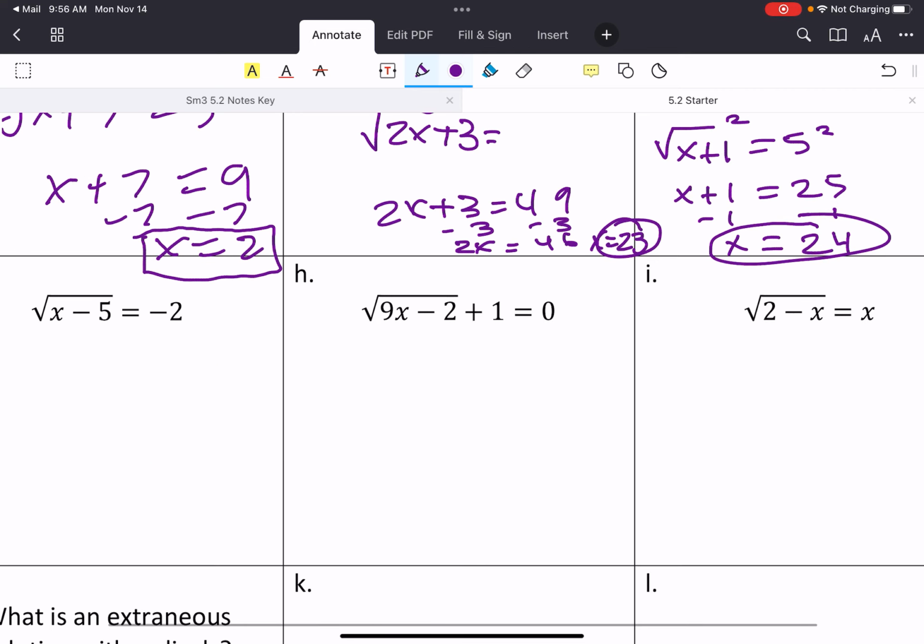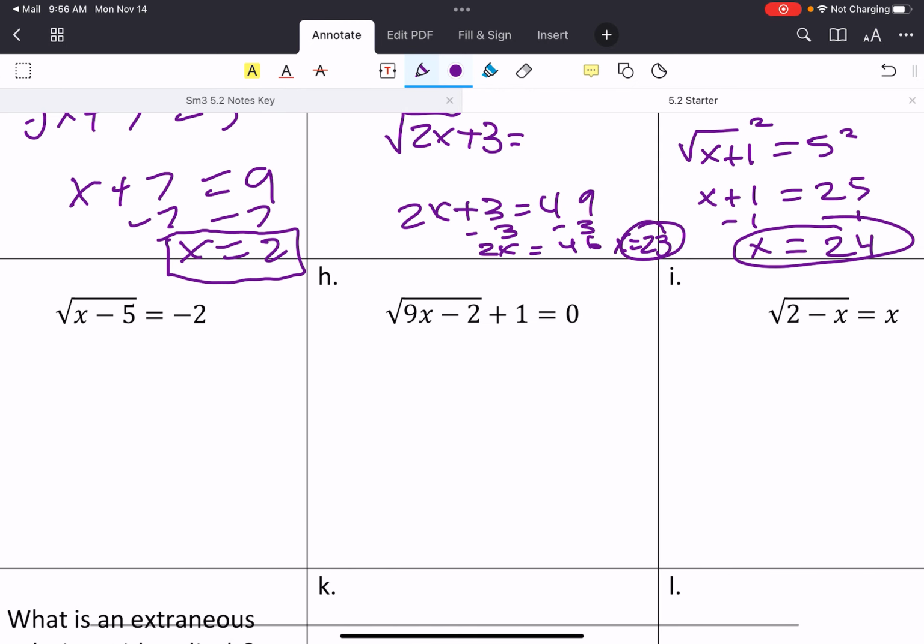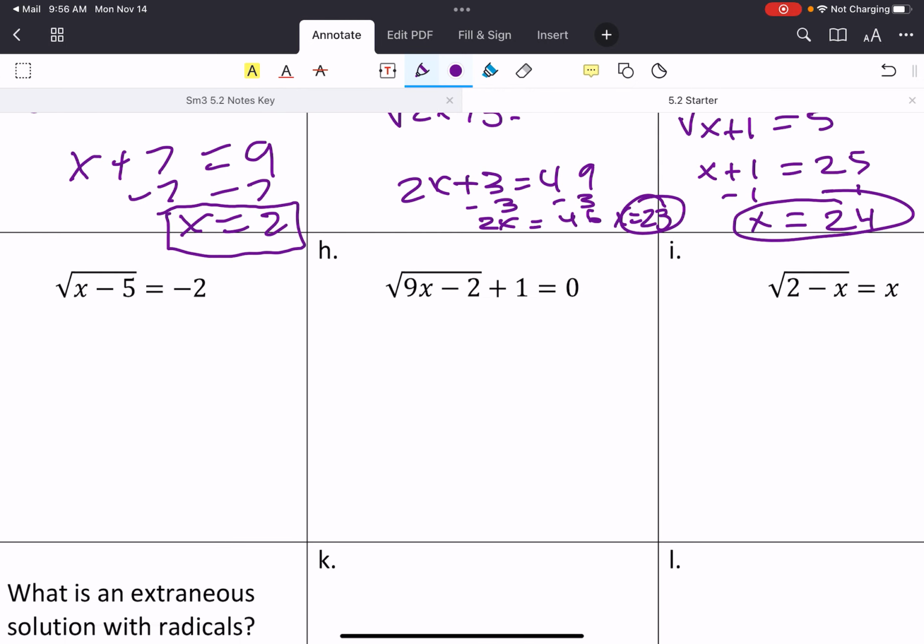Okay, go ahead and do G, H, and I. This last one is actually, you can square it.